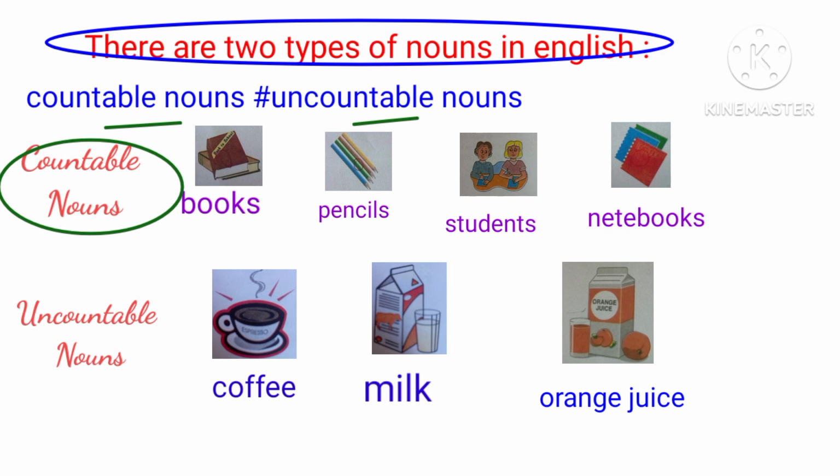They have both singular and plural forms. They may be used in questions with how many. Example: how many books do you have? Maybe the answer: I have 3 books or 2 books, etc.